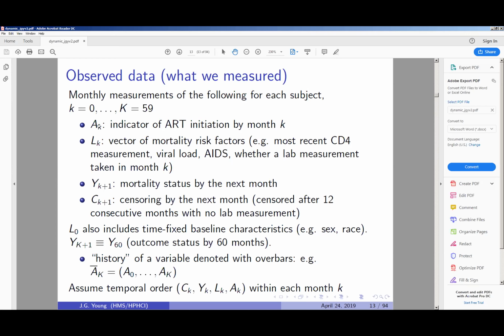And A was available in prescription records, so we pretty much had access to this. But the L's were very much contingent on people coming in for a visit, which is why we censored individuals when they did not come for 12 months, because we felt that we could not trust that treatment changes were not due to changes in L's that might have been assessed elsewhere that we didn't have in the data.